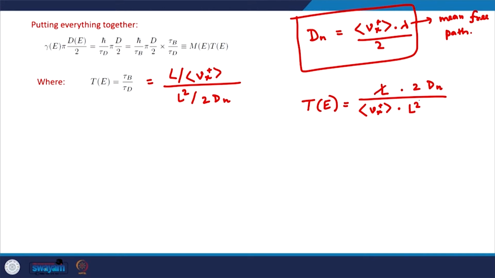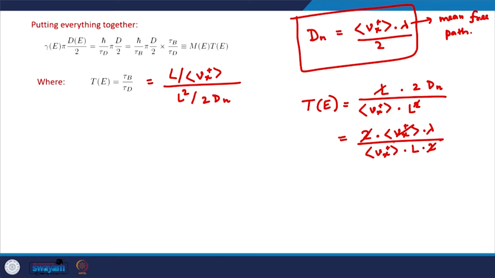Okay. So, what is left is 2 times average velocity in x direction into lambda divided by average velocity in x direction L into 2, which comes from here.